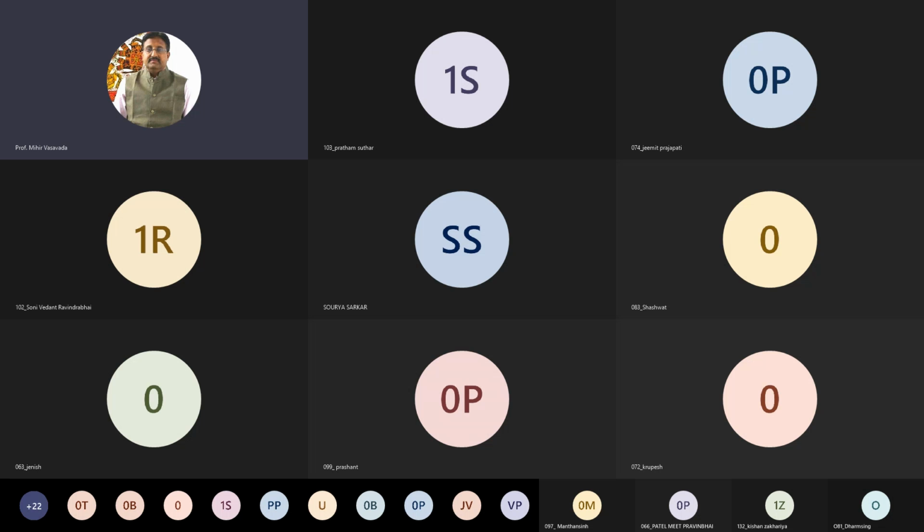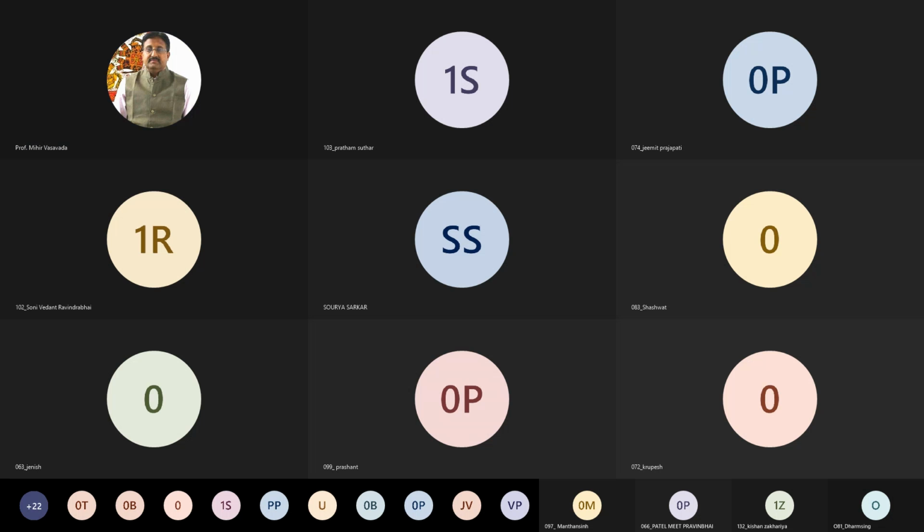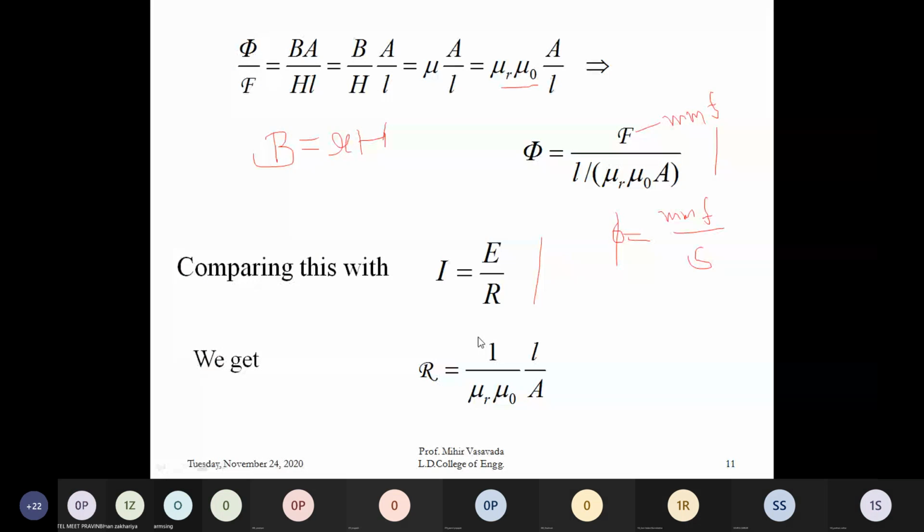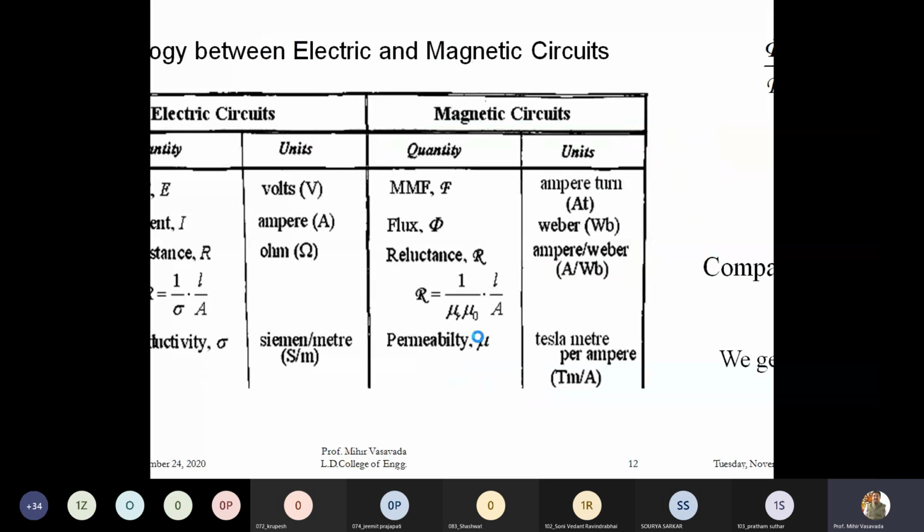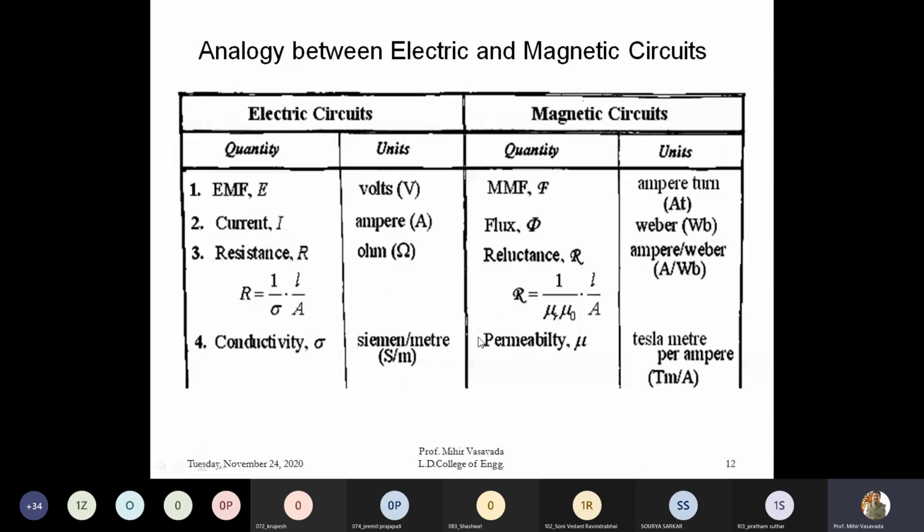That is the comparison between the electrical circuit and the magnetic circuit. The term analogy means similarity or comparison.